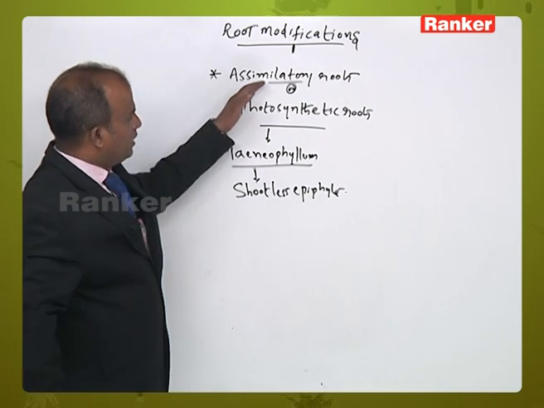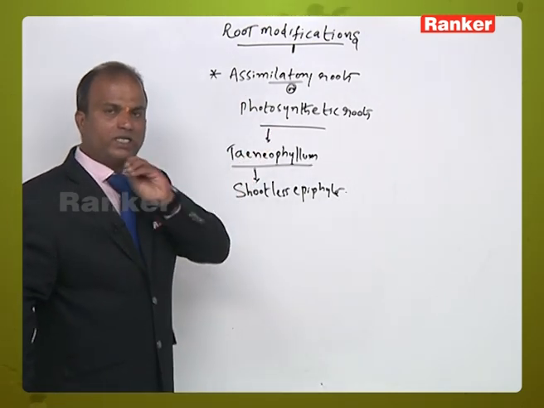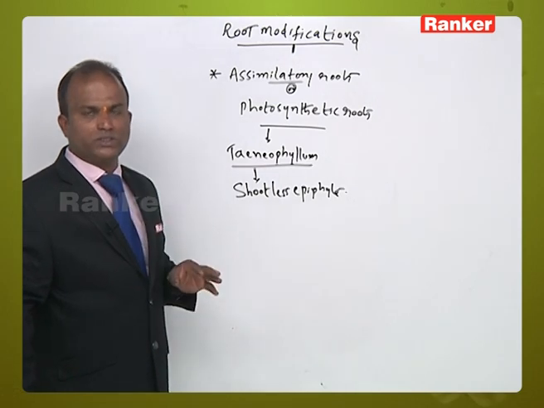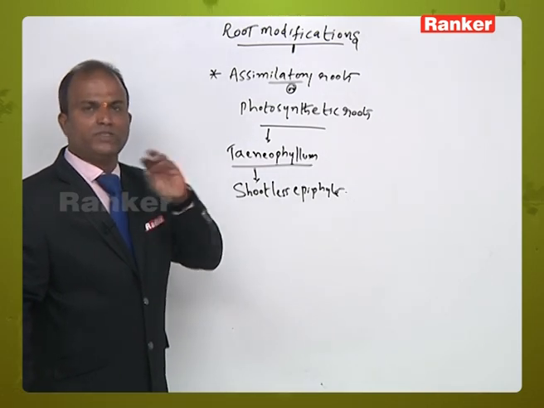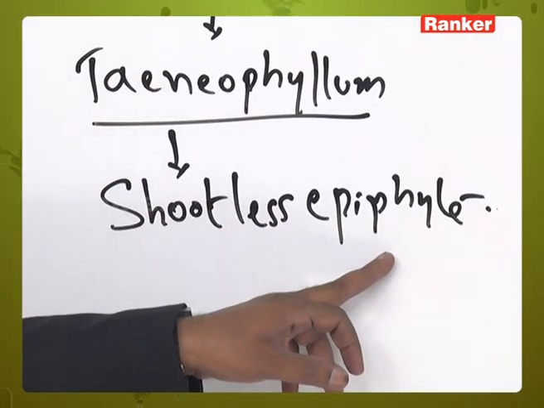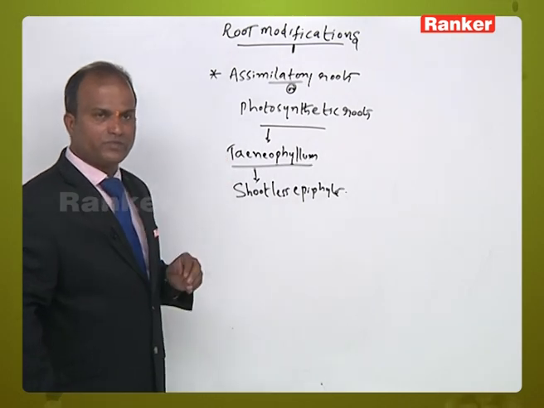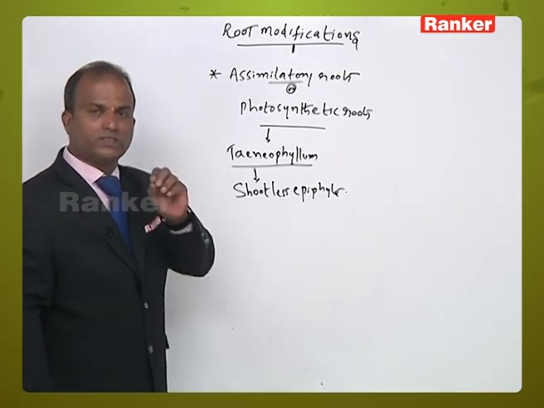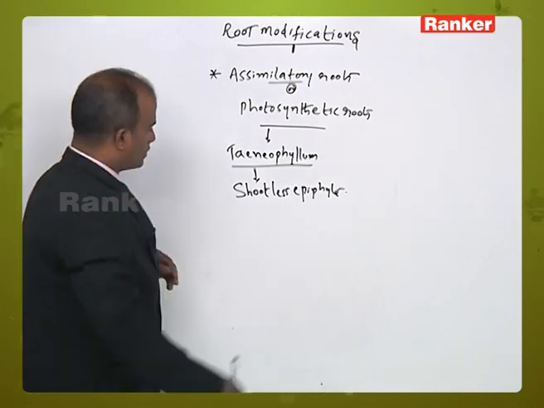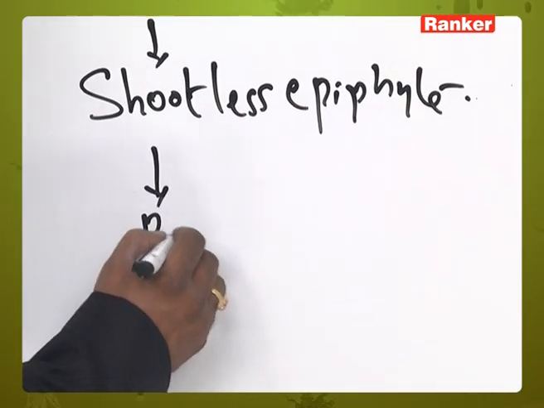Because in assimilatory or photosynthetic roots, Taeniophyllum does not show a shoot system; it does not show stem, it does not show leaves. So Taeniophyllum is called a shootless epiphyte. Does it show a root system? Yes, it shows a root system. It is a shootless epiphyte, that is Taeniophyllum.